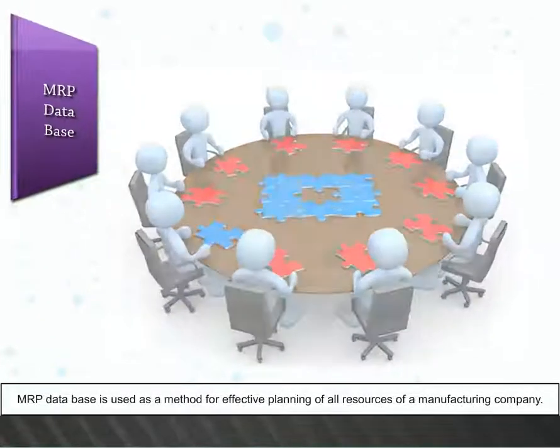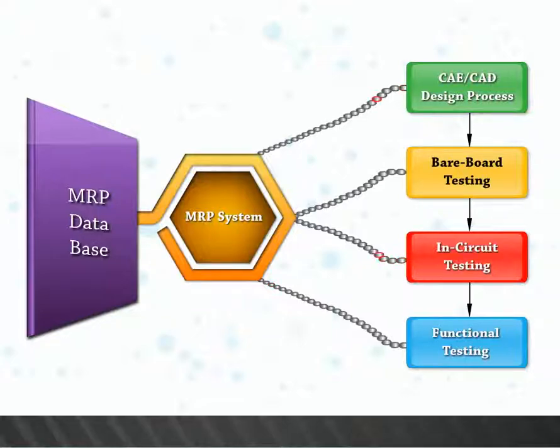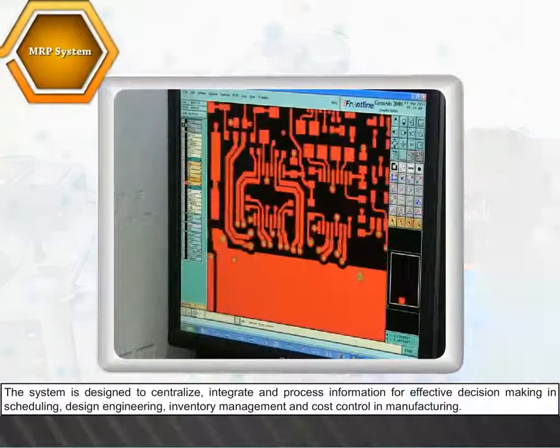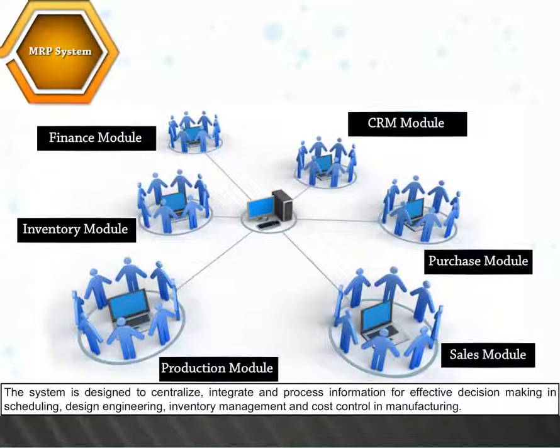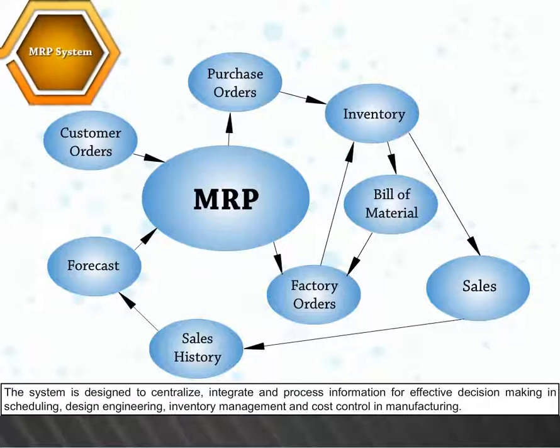The MRP database is used as a method for effective planning of all resources of a manufacturing company. The system is designed to centralize, integrate, and process information for effective decision-making in scheduling, design engineering, inventory management, and cost control in manufacturing.